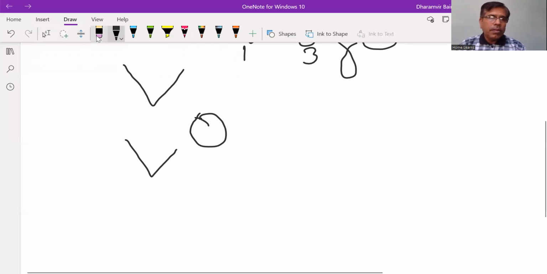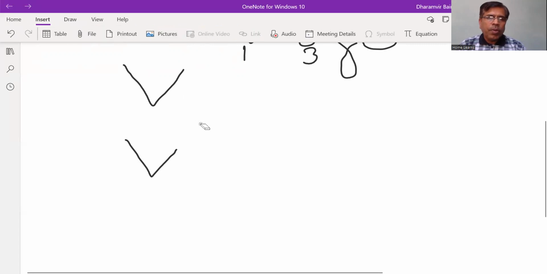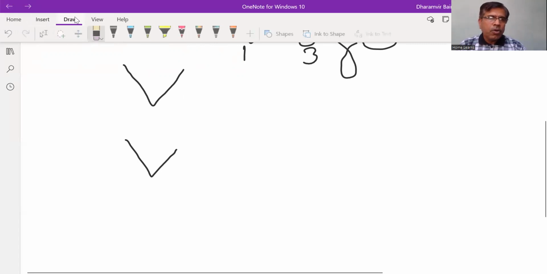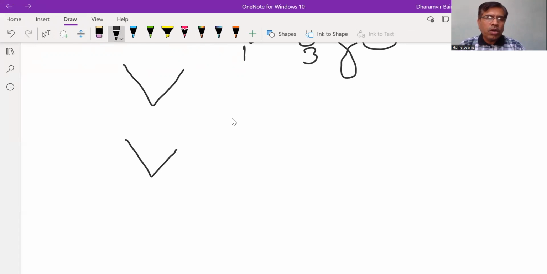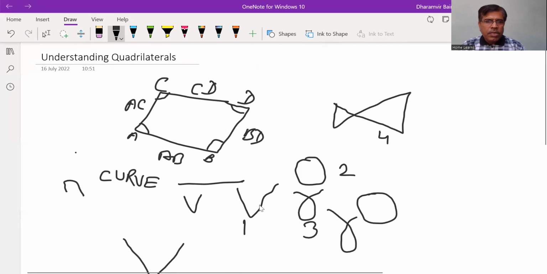The circle has no open end. I'm drawing it again so that you don't get confused. This one is the closed curve. In this figure, this is the open curve. Again, figure 3 is an open curve, but figure 2, the circle, is a closed curve. Figure 4 is again a closed curve.